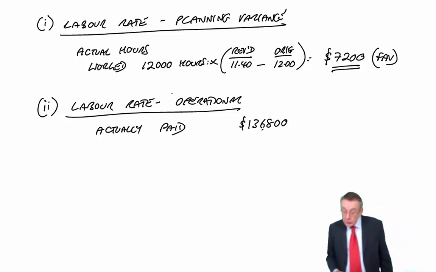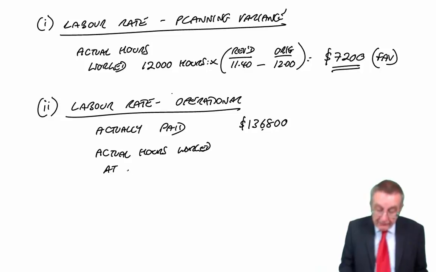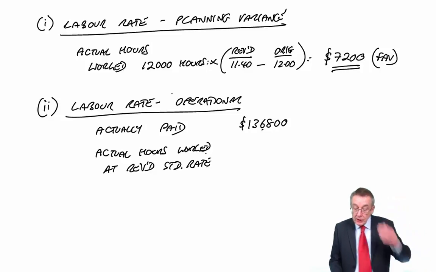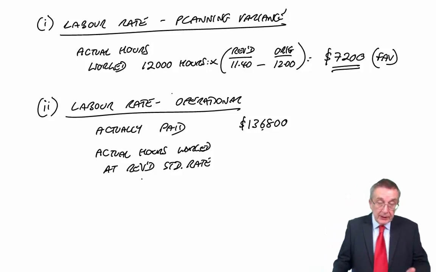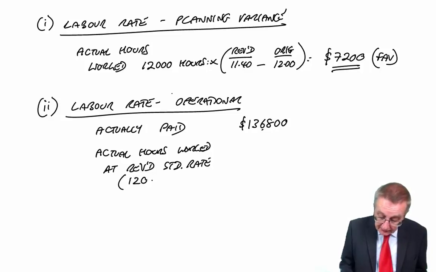How much should we have paid? Well, to see how much we should have paid, take the actual hours worked at the revised standard rate. As I said a moment ago, we should have been paying them $11.40 an hour, having changed our plans. How many hours did we work? Fourth line down, well, we had it earlier, 12,000 hours.